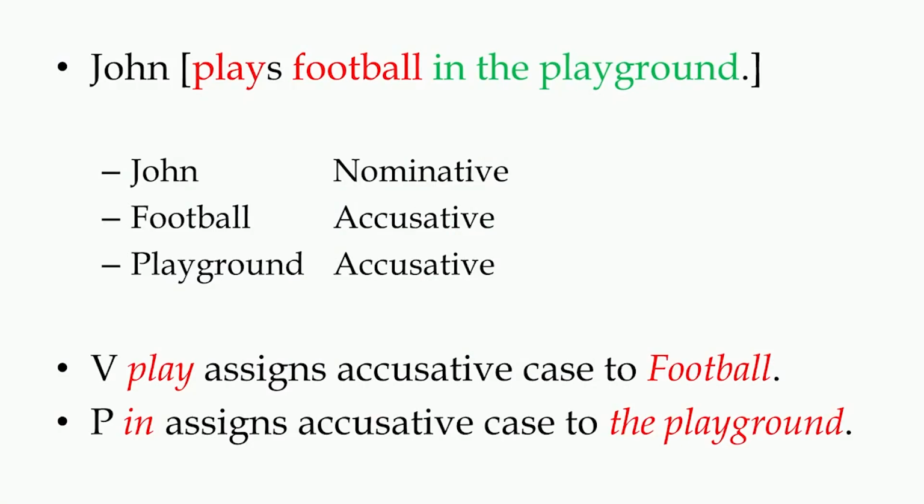And as we very well know, verbs and prepositions are heads. We have seen the verb heads VP and the preposition heads PP. So John is nominative case, football has an accusative case, and playground also has an accusative case, where the verb play assigns accusative case to football and the preposition in assigns accusative case to the NP, the playground.